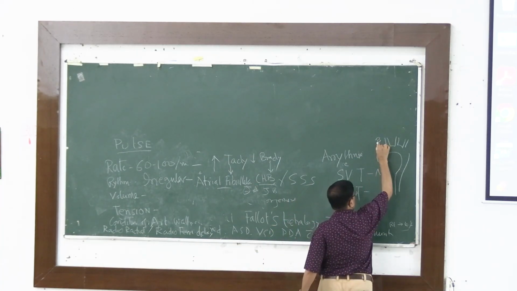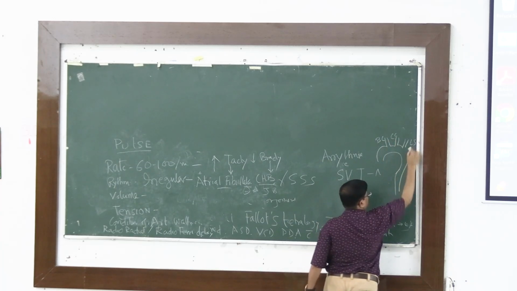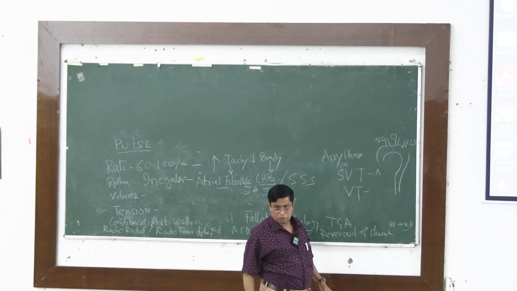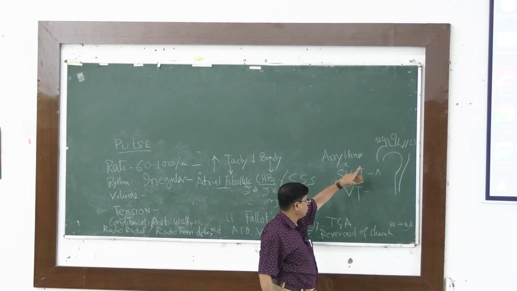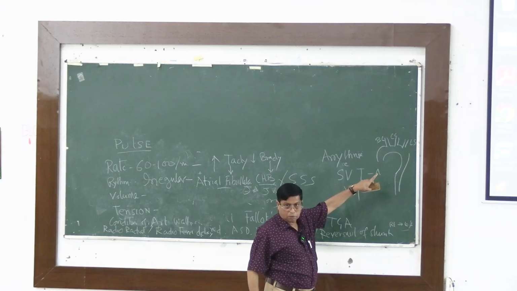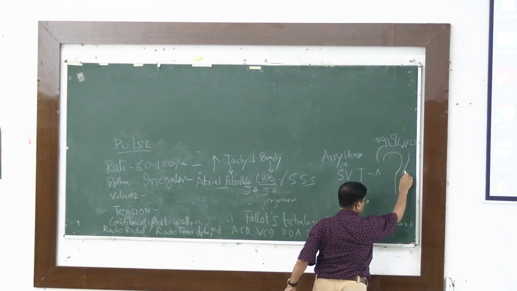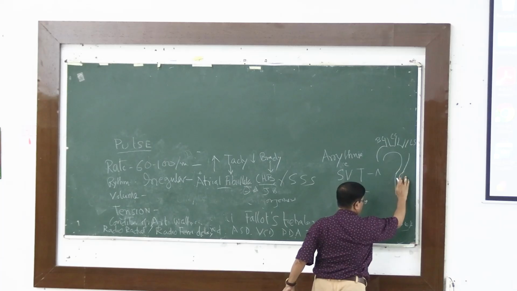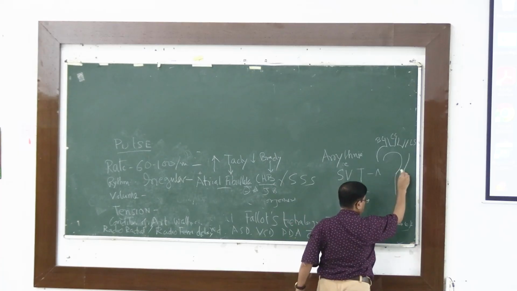This is brachiocephalic, this is common carotid, and this is left subclavian. If you remember your anatomy classes, these are the branches of the aorta. If there is a coarctation, it means the aorta becomes narrow here. No disease, not atherosclerosis, nothing. This is a disease of the aorta called coarctation.